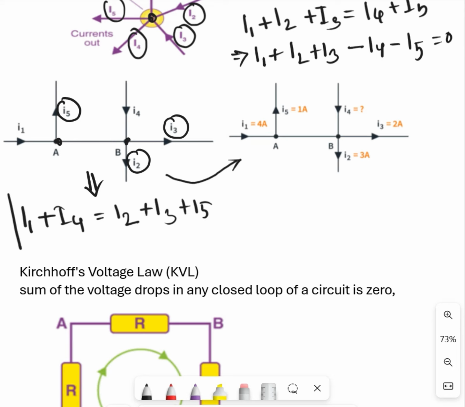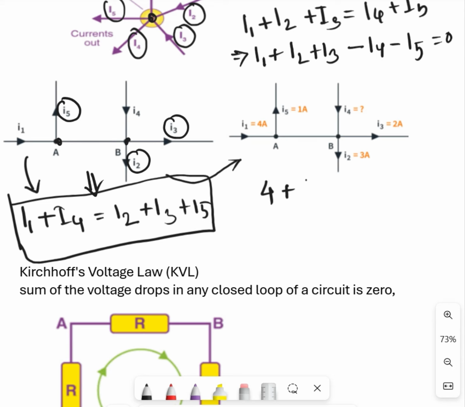So this is the equation for the given image. And I1 is equal to 4 ampere, which is entering at node A.